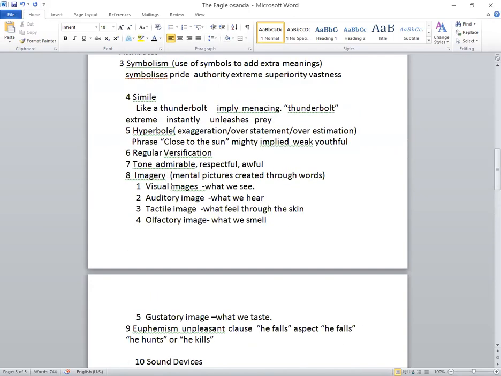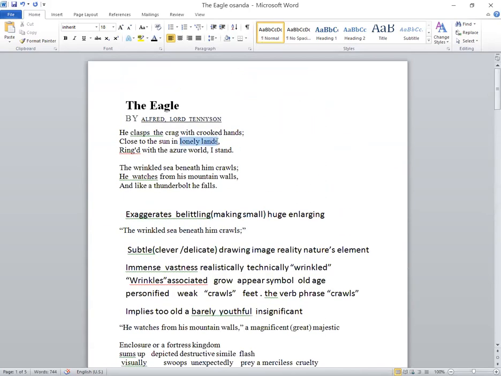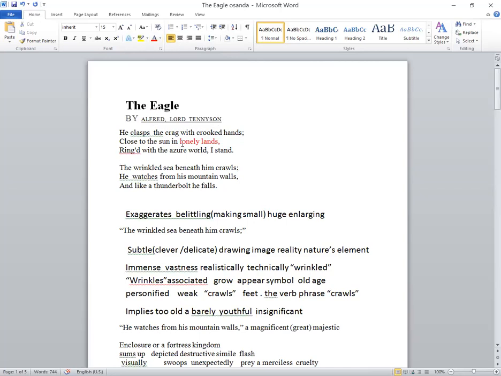Now there is another alliteration here. Look at this phrase. What is the repeated sound here? Lonely lands. What is the repeated sound? L. Represented by letter L. Letter L has L sound.